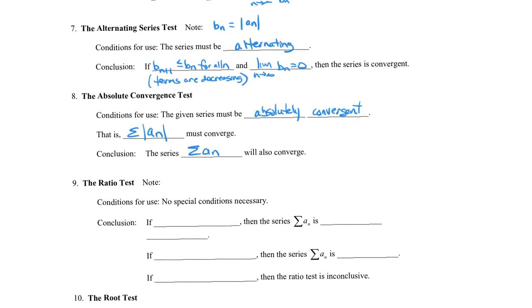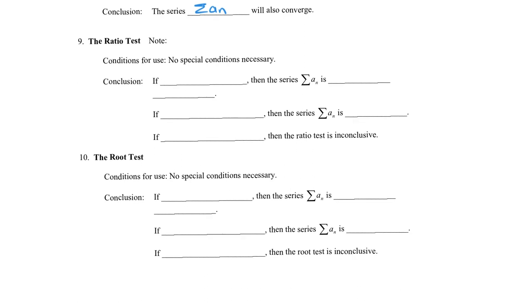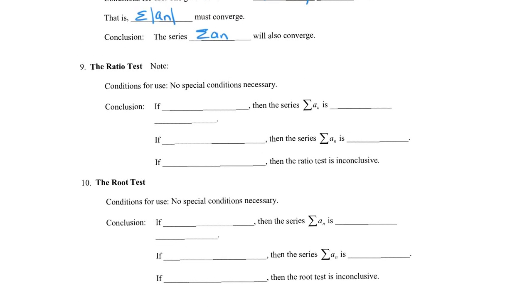And then that brings us to the last section, 11.6, which has the last two tests, the ratio test and the root test. The note here for the ratio test is factorials. So when you see factorials in a series, you want to think right away of the ratio test.